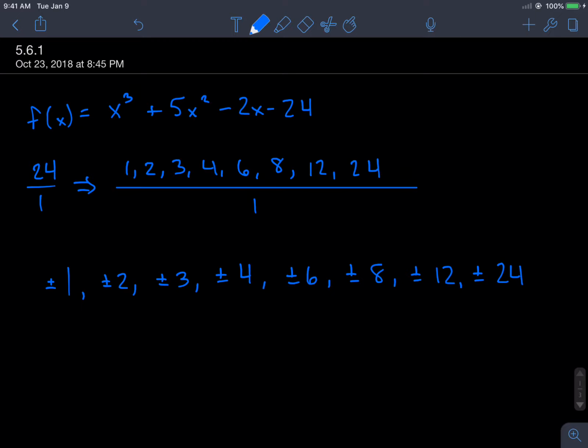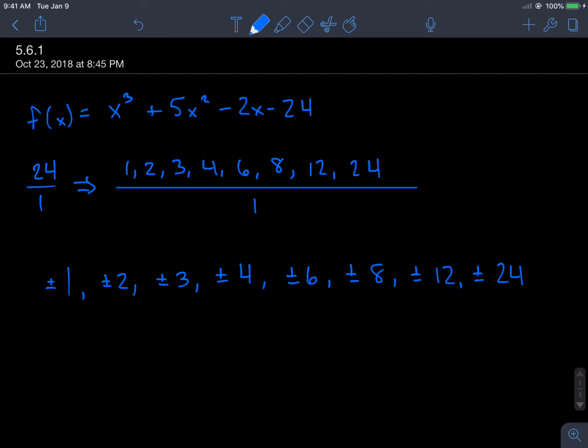So that gives us 1, 2, 3, 4, 5, 6, 7, 8, times 2, because positive and negative, 16 different values that could be zeros to that polynomial.